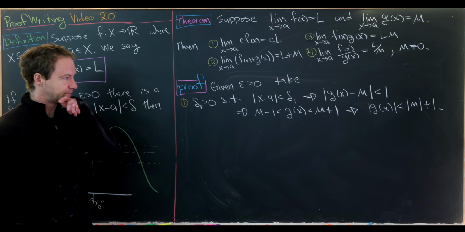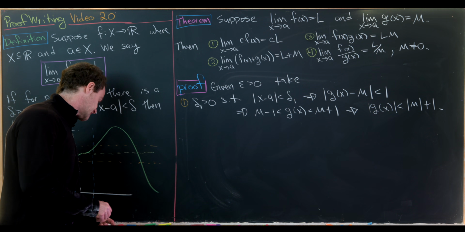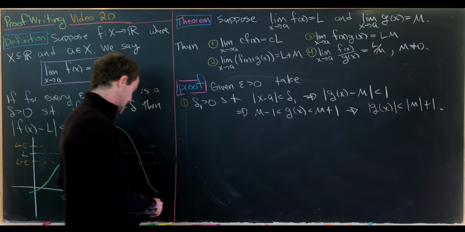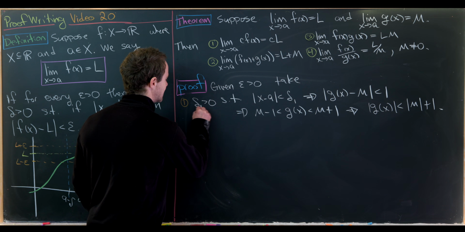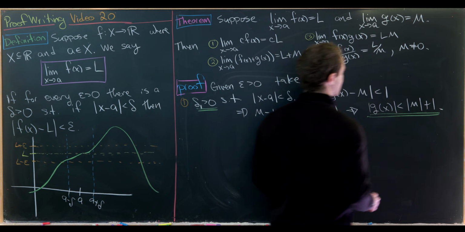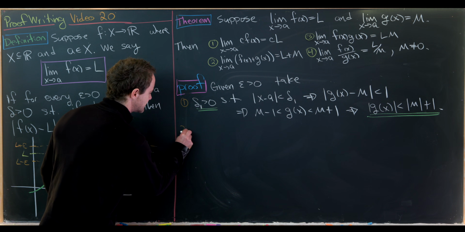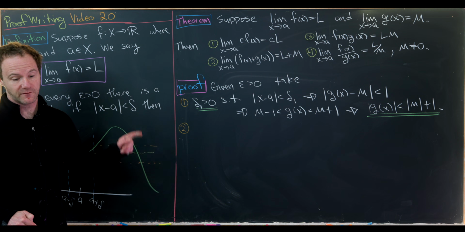Okay, great. So that's how we choose our delta 1 so that this occurs. But the real takeaway here is that we chose this delta 1 so that this inequality over here happened. Now we'll choose our delta 2 and our delta 3 a little bit more like we did before.